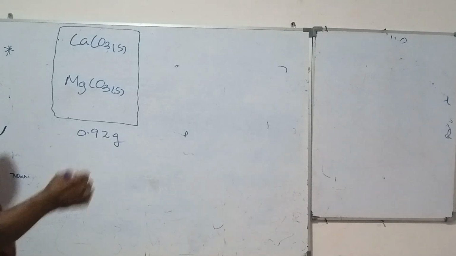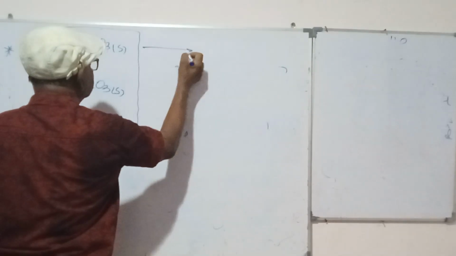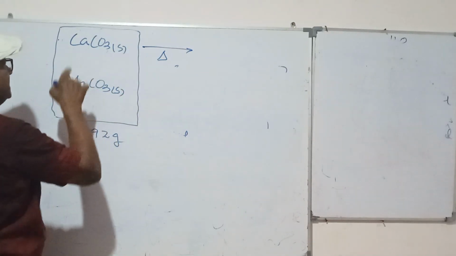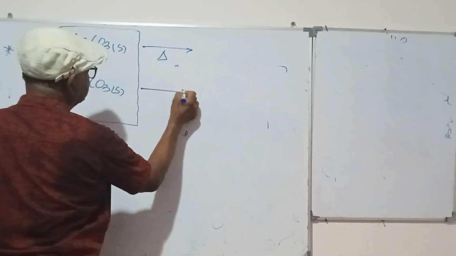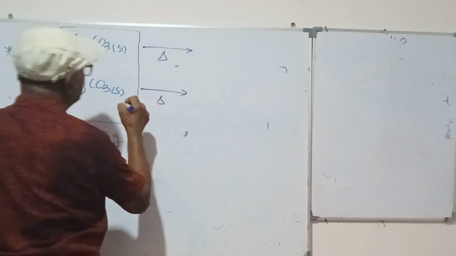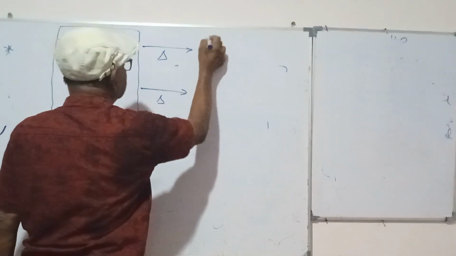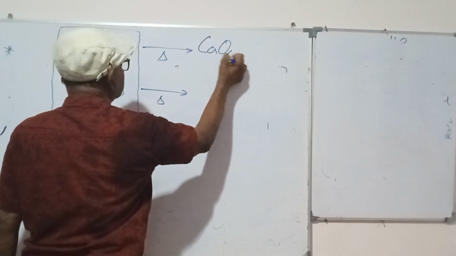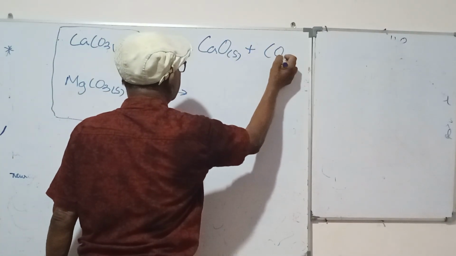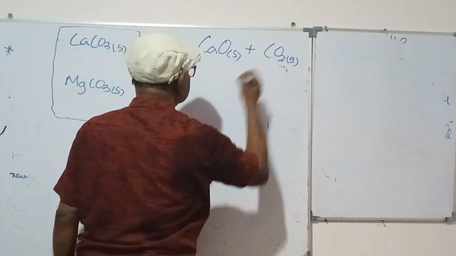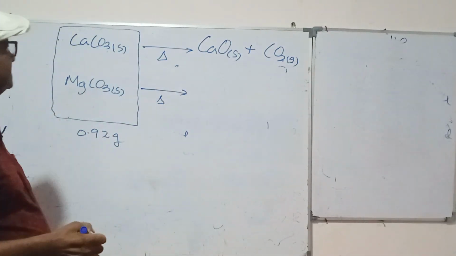Then, on heating, they undergo thermal decomposition. Calcium carbonate dissociates to give calcium oxide, solid, plus carbon dioxide, giving out gas. It is balanced.